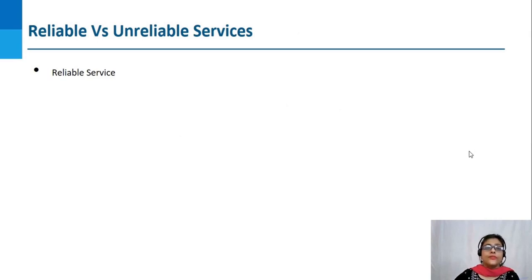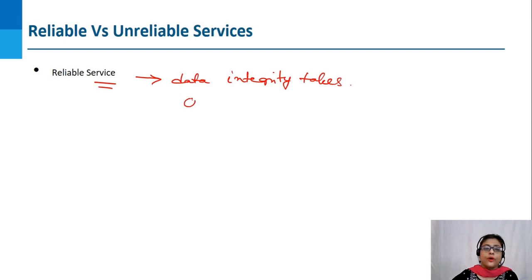Let us now understand reliable versus unreliable service. Reliable service is one where data integrity takes place. That means whatever data you have sent from the sending end arrives intact at the receiving end. For this purpose, we have flow and error control mechanisms. An example is TCP, or Transmission Control Protocol.